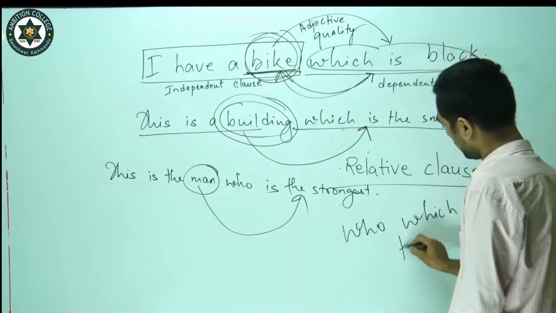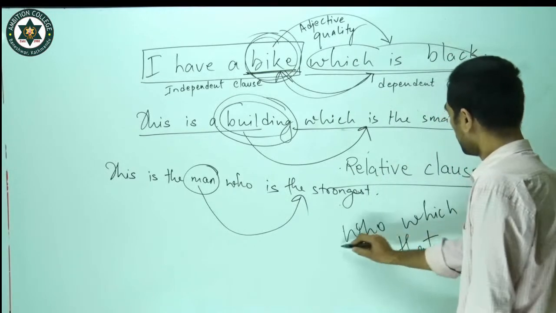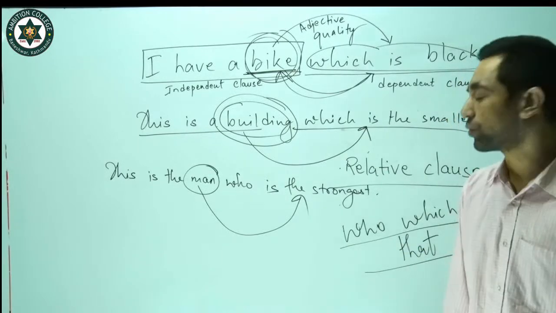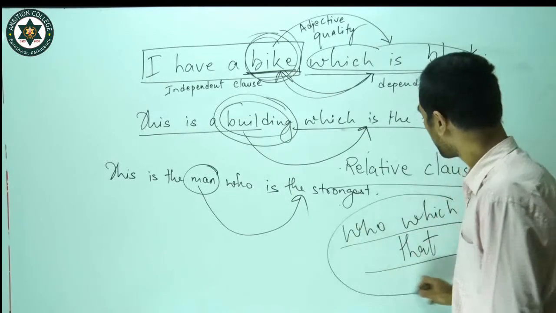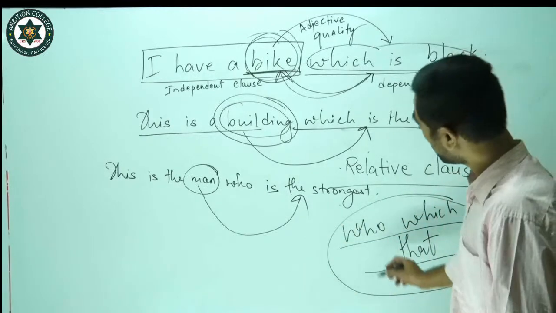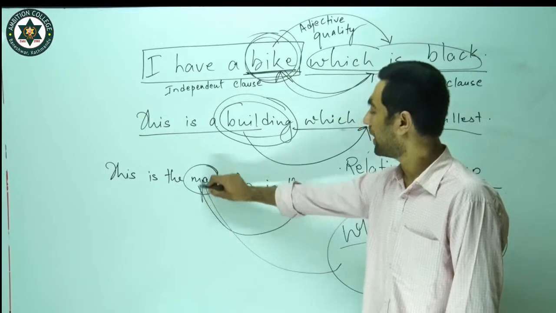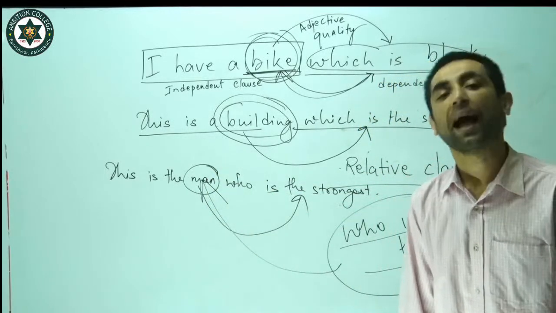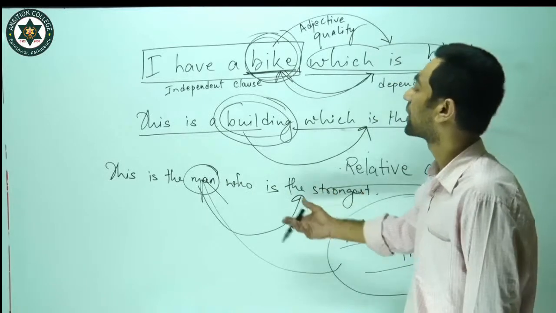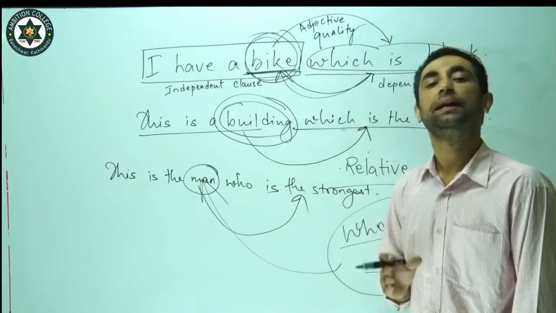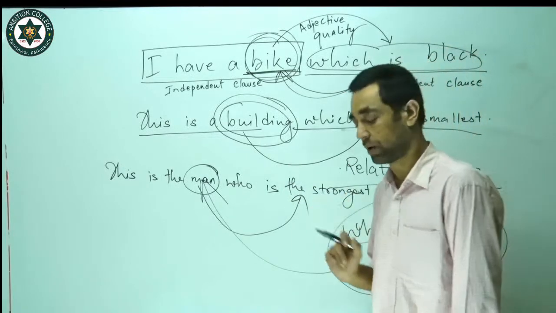which, that. So, a dependent clause that starts with these relative pronouns and is explaining, telling the quality or adding something to the noun, basically functions as the adjective. We call it the relative clause.